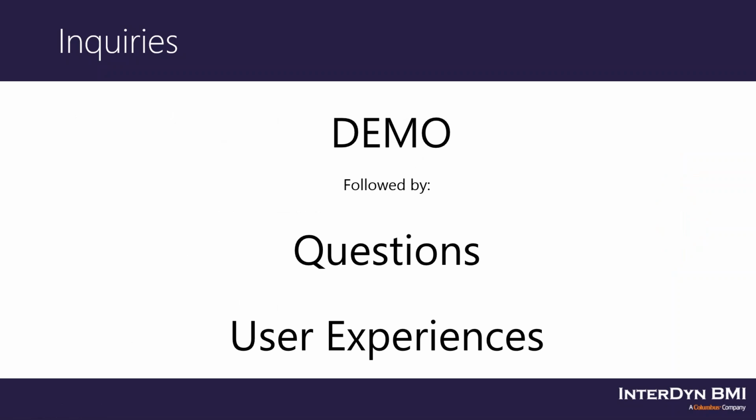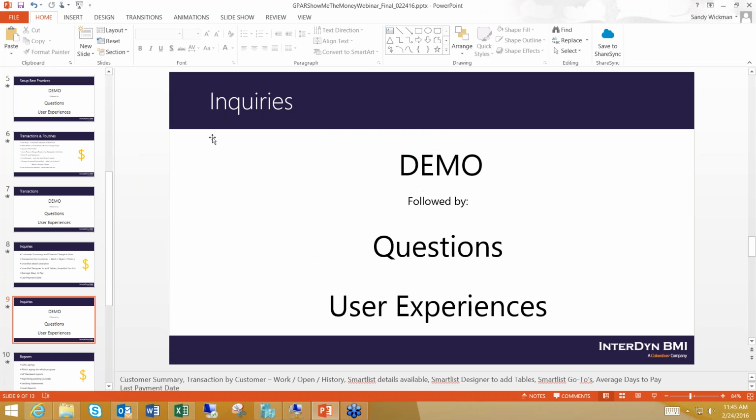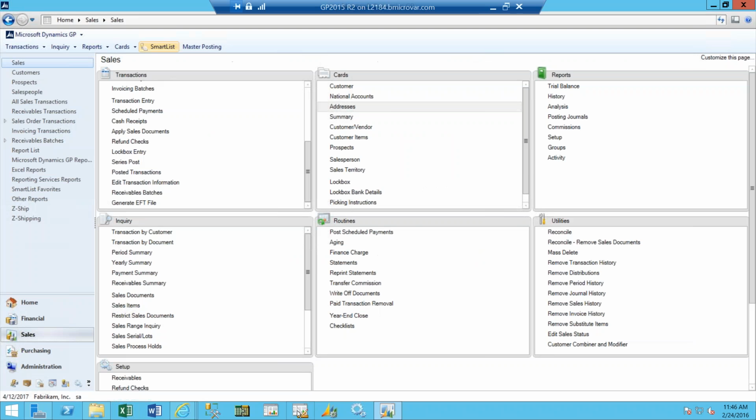This first one comes from Patricia. In the customer summary, where the period dates are located, can you drill down to find out what invoices are in the 30-day bucket? That's a good question. Let's go look.